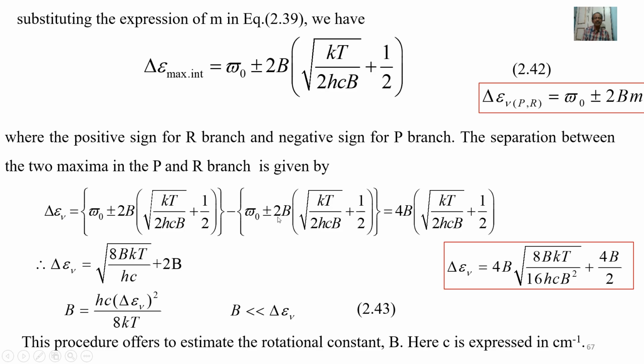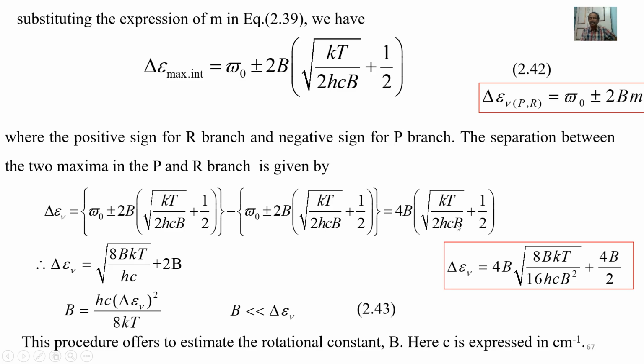That will give us 4B times root of KT divided by 2HCB plus 1 by 2. Now you multiply 4B inside. First let us multiply 4B with the second term. So 4B by 2 will give us 2B. Now 4B multiplied by root of KT by 2HCB.